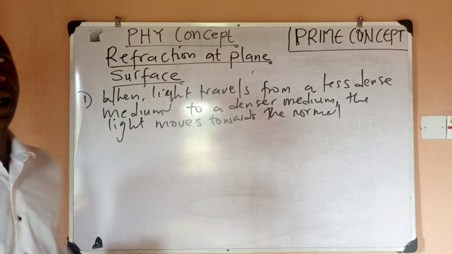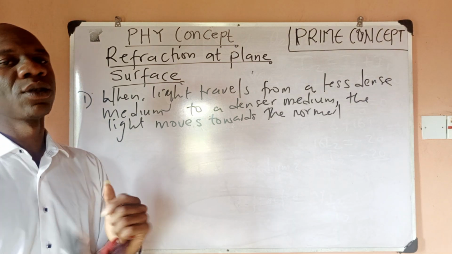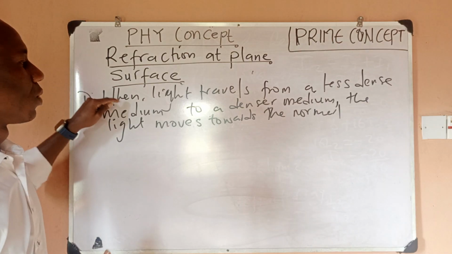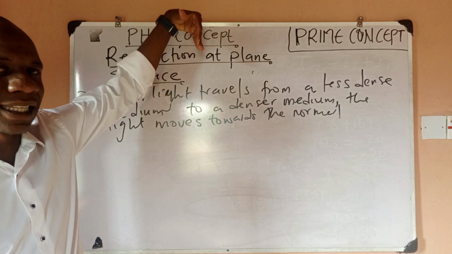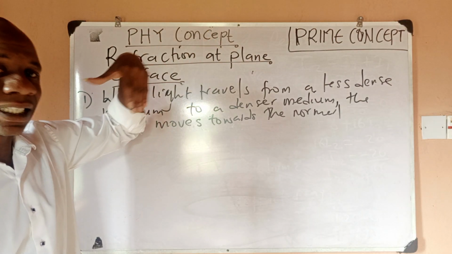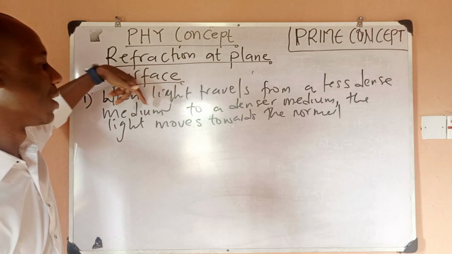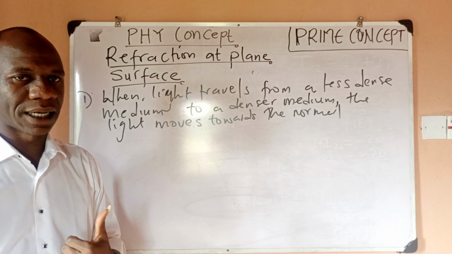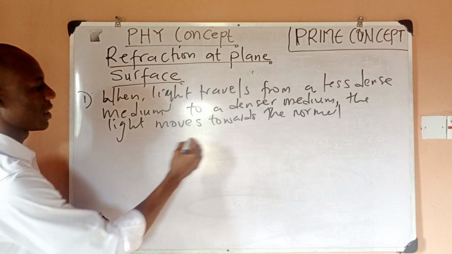I'm just taking my time to write this so that you can take note of it as a very important point. So this is the first condition. When light travels from a less dense medium into a denser medium, the light ray will tend to move towards the normal. So this is what you would have in the first condition.